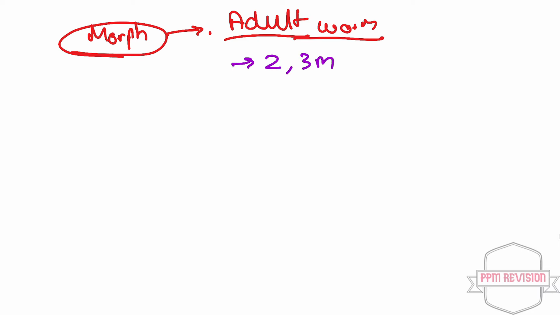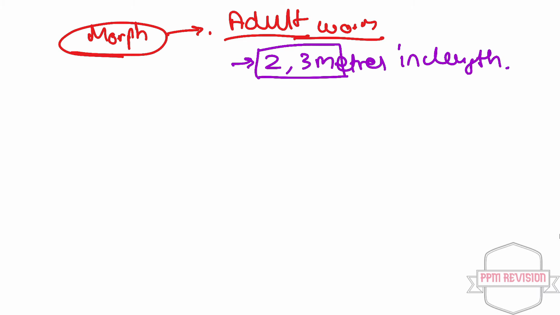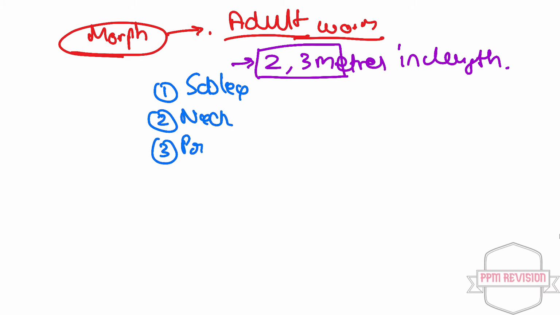It's 2 to 3 meters, not centimeters, not millimeters, it's meters in length. And it consists of 3 parts. What are they? One is the scolex, next is the neck, next is the proglottids. So there are 3 parts.